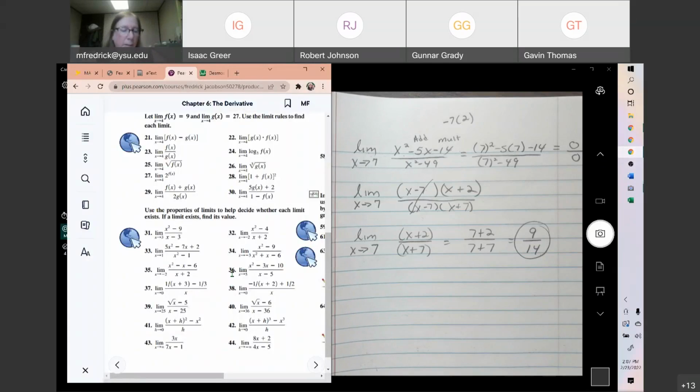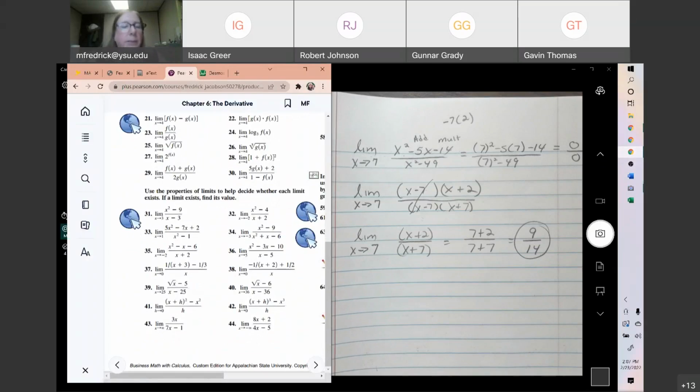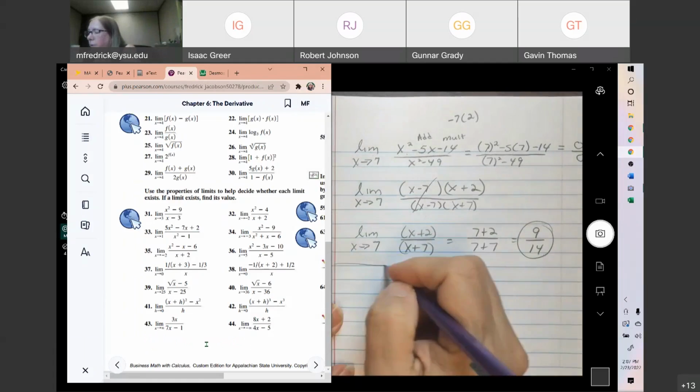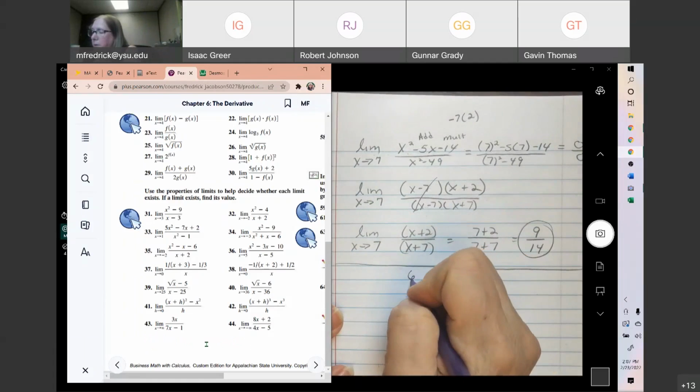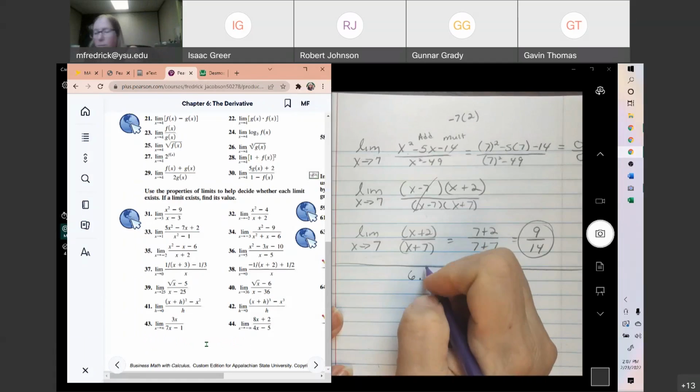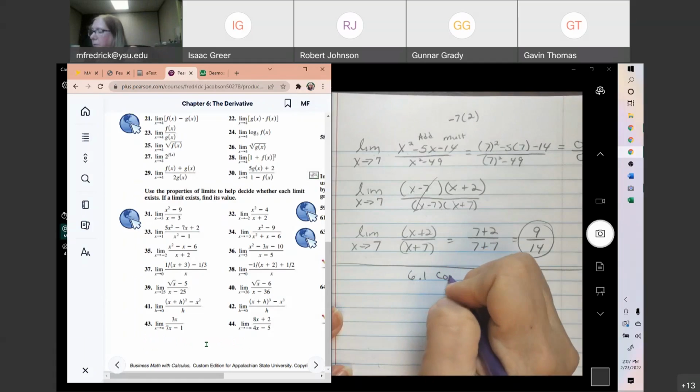We did 41. Okay. So last class we did up to 41. The next group, notice their limits 43, 44, limits to infinity. And there's 3 rules. So this is 6.1 continued.